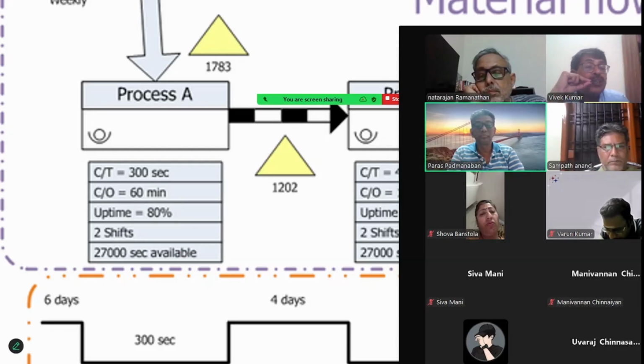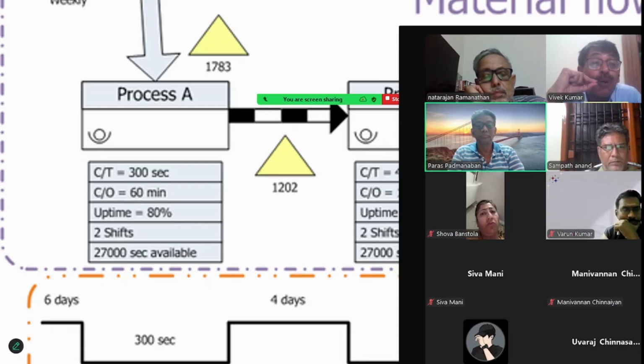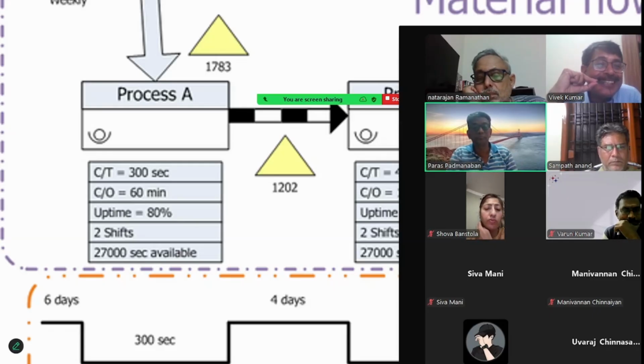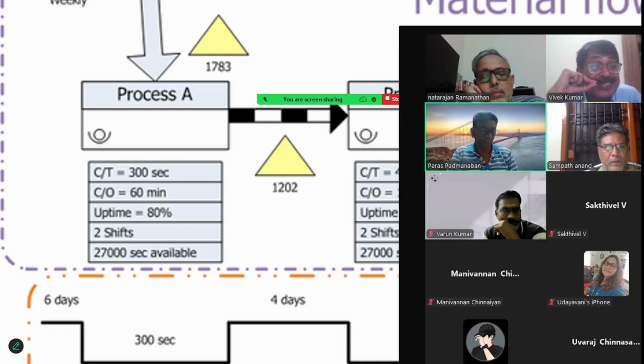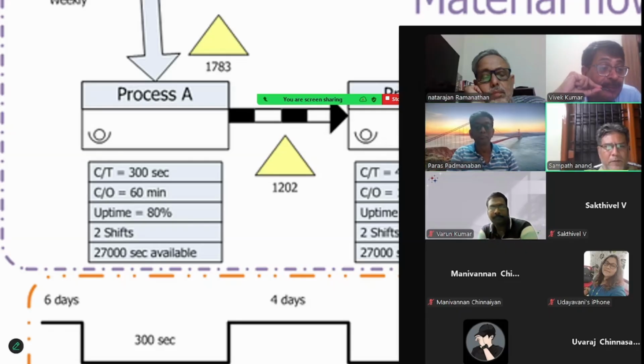Now can you see that before even plotting the value stream map on a piece of paper, we will have to go and very minutely study each process stage. Can you see that? It is not just a very shallow exercise.